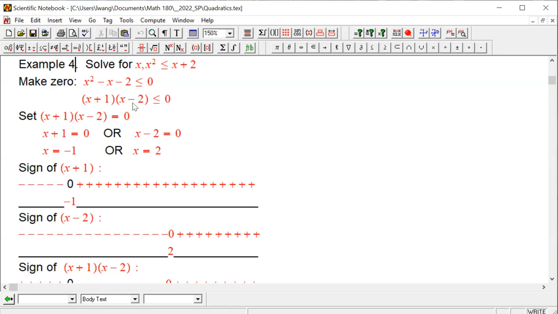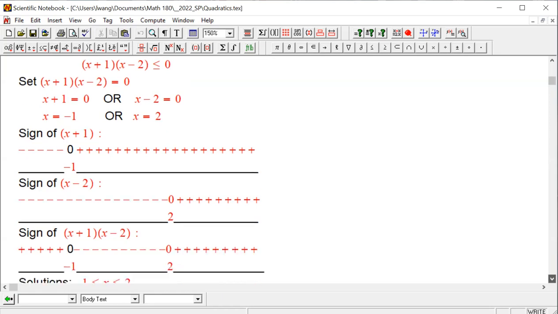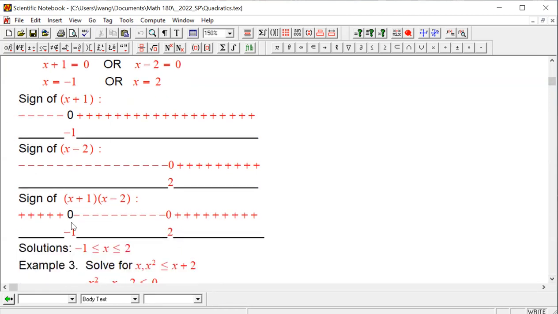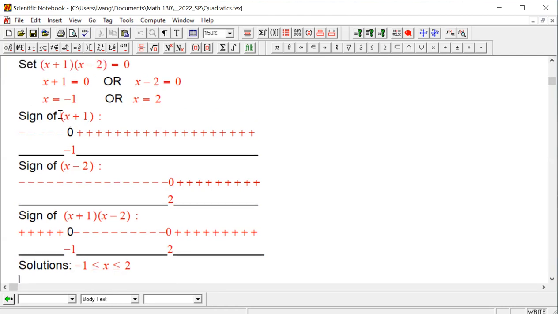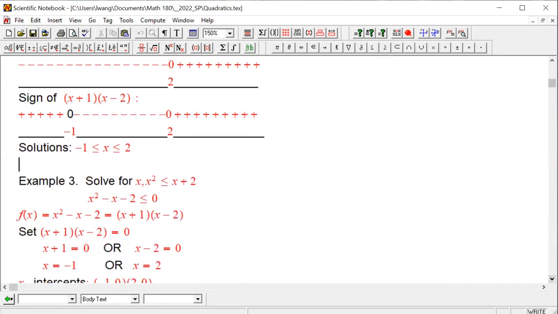Now we make it 0 and we find the points where sign changes take place, right? And then we plug in and we determine the sign. So this is a very similar situation, right? For x plus 2 and x minus 2, the sign distribution is determined, so the solution is found.